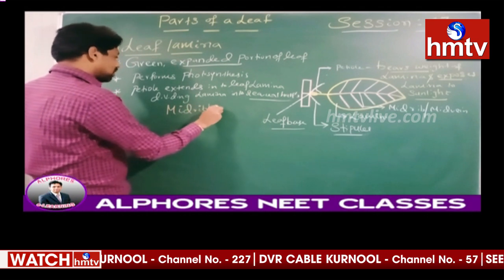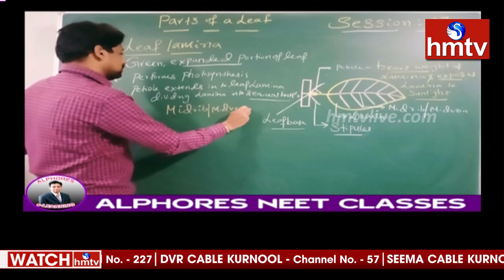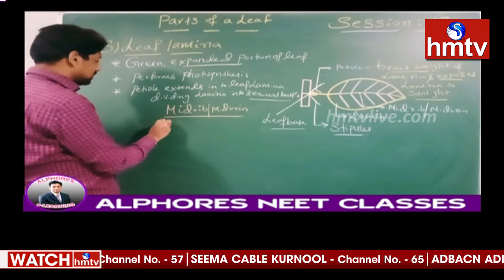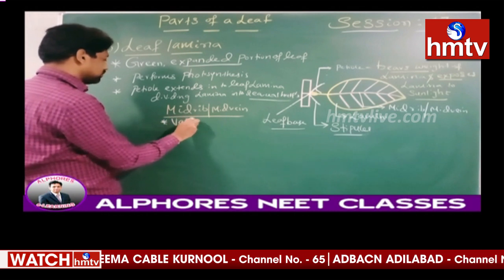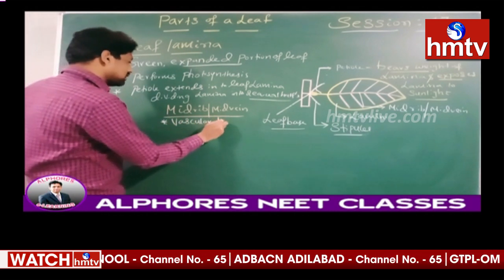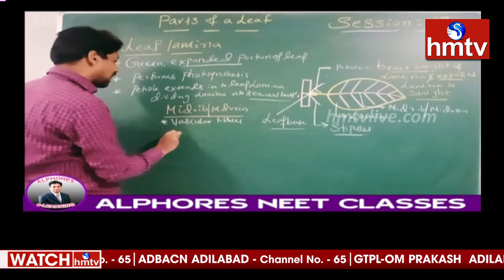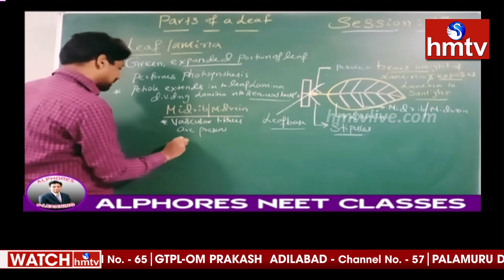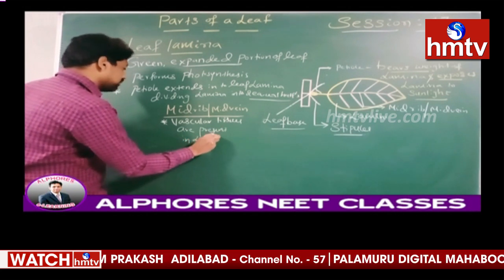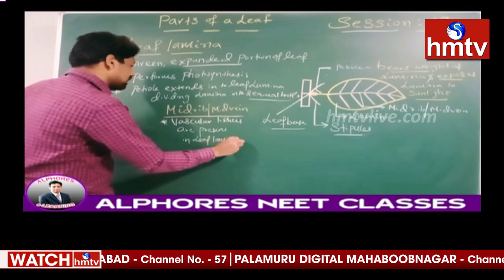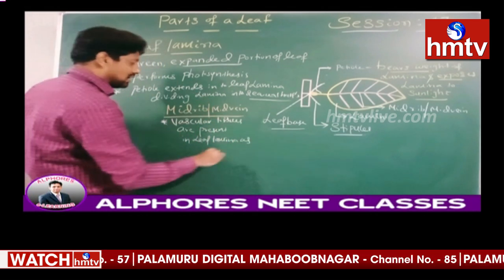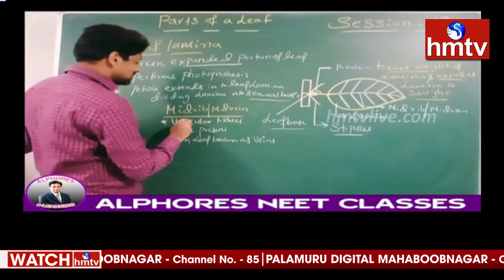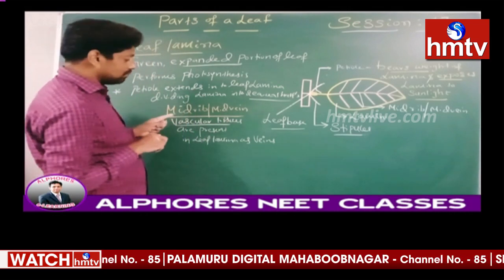Therefore, sir, what is the midrib? The midrib is also called the midvein. Vascular tissues are present in the leaf lamina as veins. Vascular tissues means xylem and phloem.